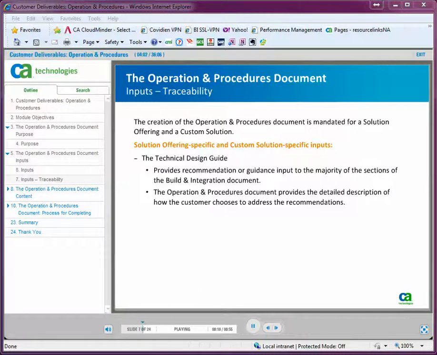The Technical Design Guide provides recommendations and guidance for a vast majority of content in the build and integration document. Both of these documents are leveraged to create the Operations and Procedures Guide.